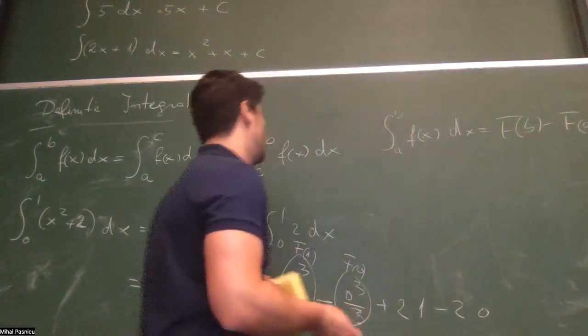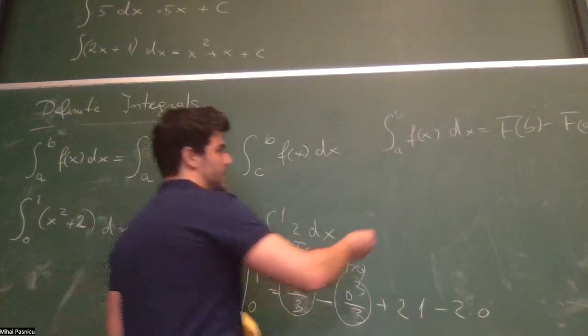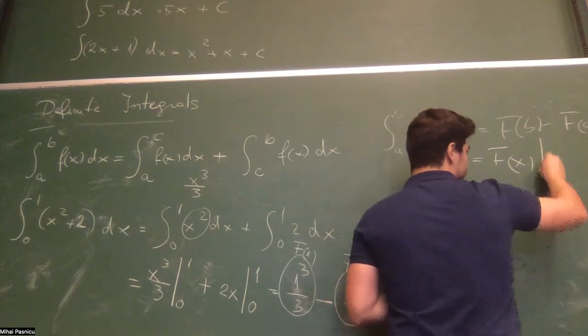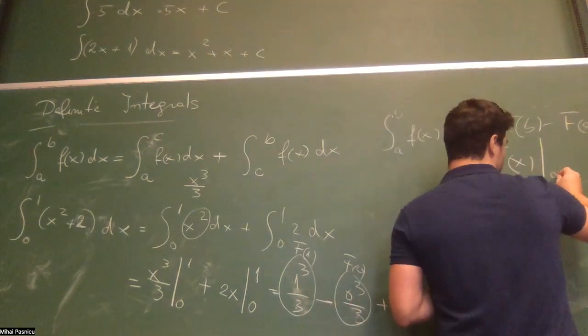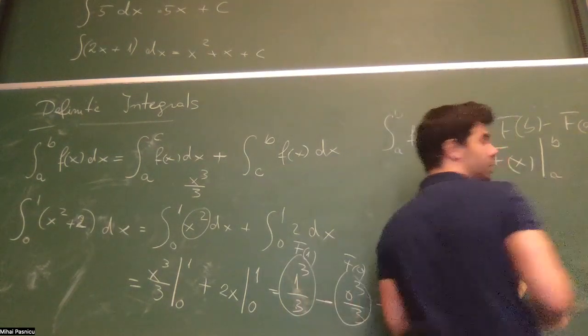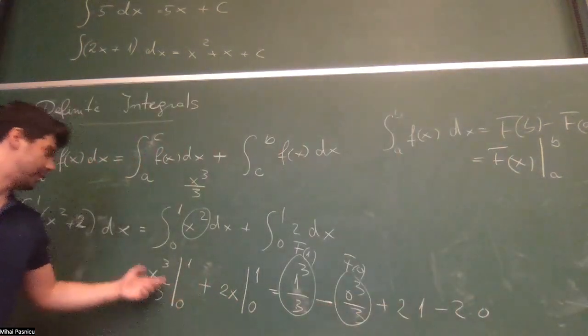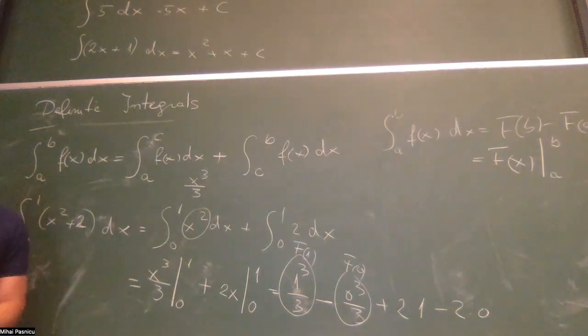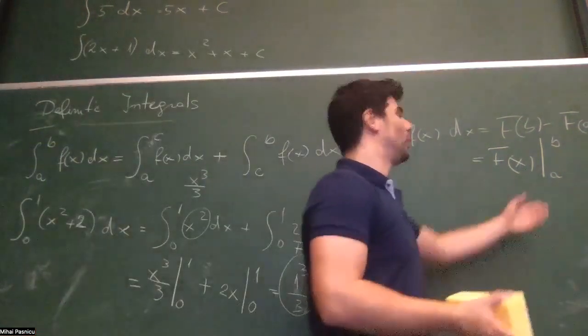So that's where the idea comes to just write it as f of x with a line from a to b, which is exactly what I did. I just wrote x to the third over 3 from 0 to 1. And then I plugged in the values. Okay? There's not much intuition or anything like it.